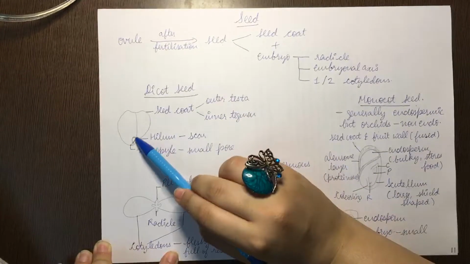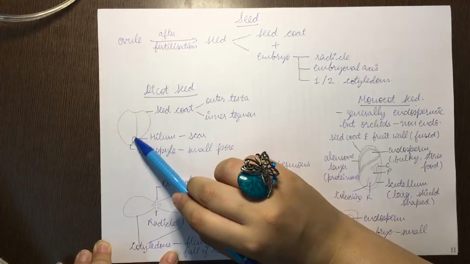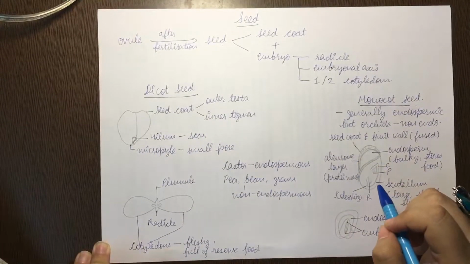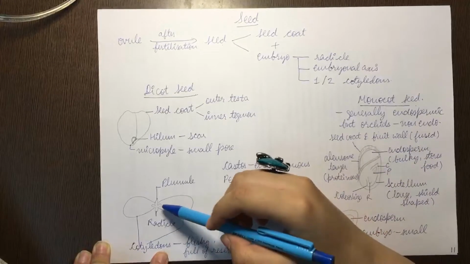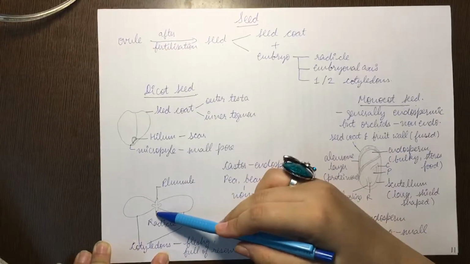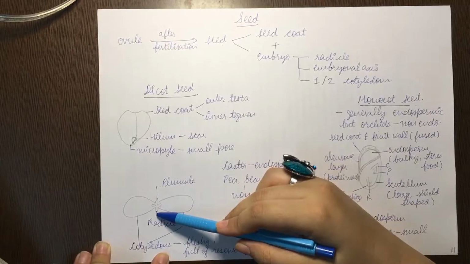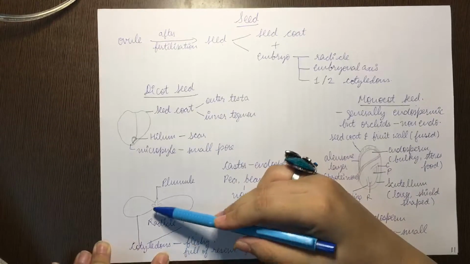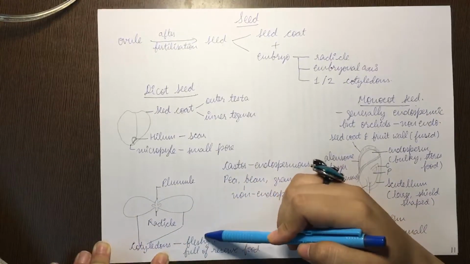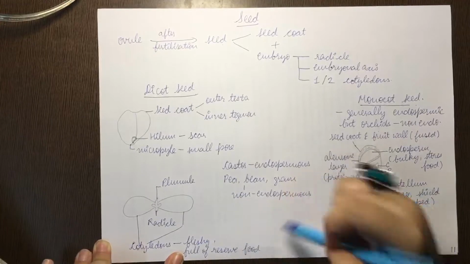There is the hilum, which is a scar on the seed coat, and the micropyle is a small pore. Then we have the plumule and the radicle which later forms the root, and the two cotyledons. The cotyledons here are fleshy and full of reserve food.